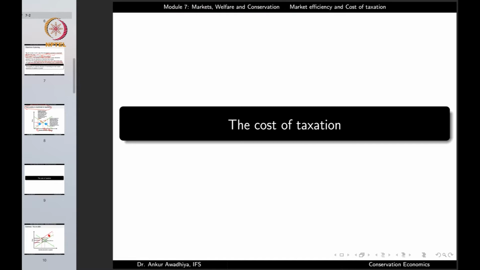Now, we have seen before that for the proper functioning of the market, government is required, because the market cannot function well if we do not have the right of property, and if we do not have a rule of law in which whenever there is a violation of the right of property, then it is acted upon by institutions such as the police and the judiciary.